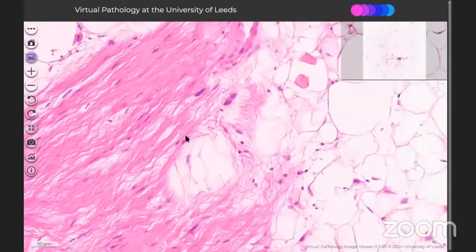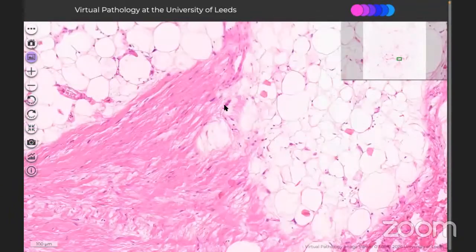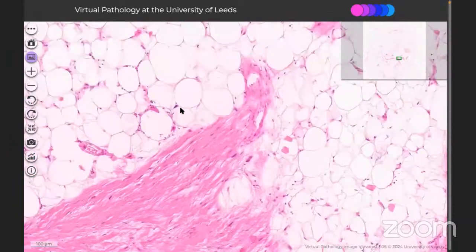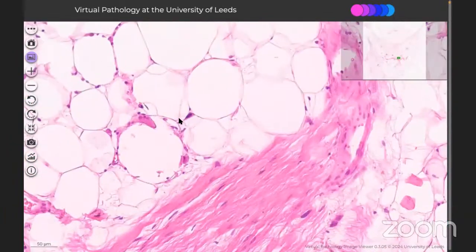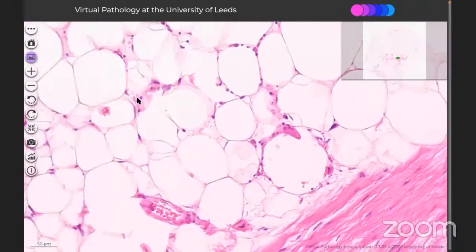Look, these are quite atypical cells, and a few of them have bizarre nuclei. So this is another evidence that it is atypical. So this is also a lipoblast.